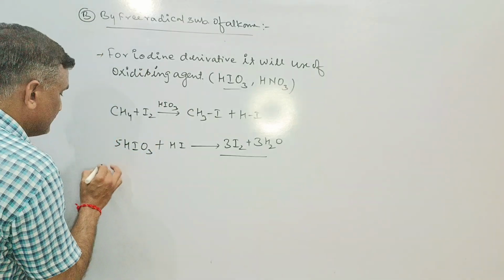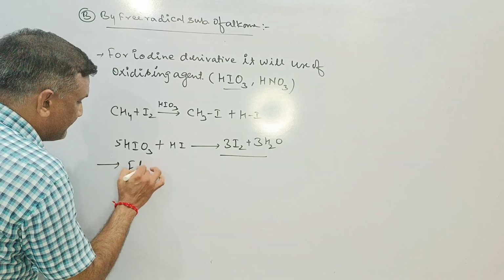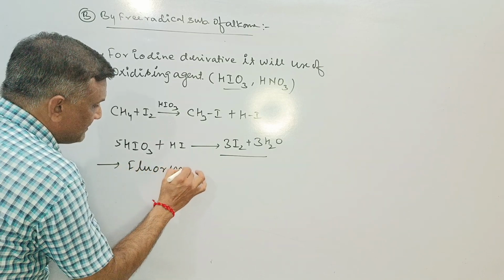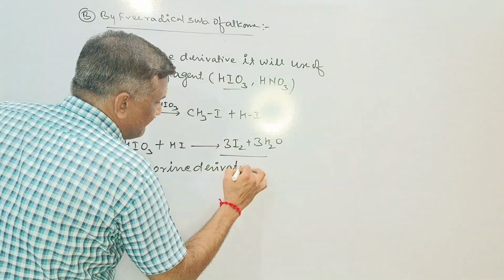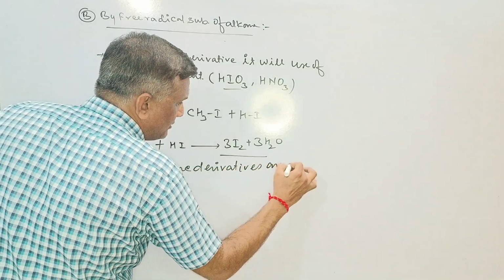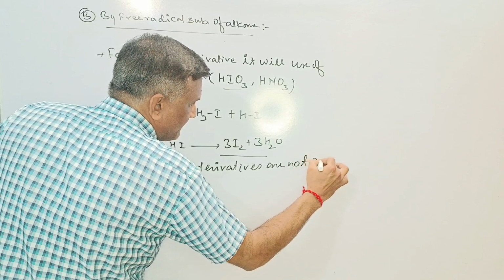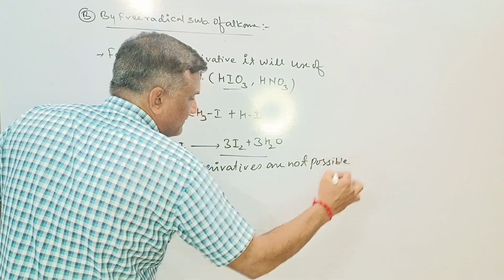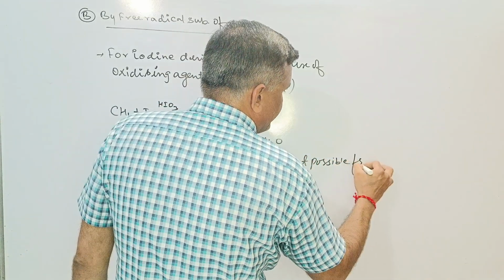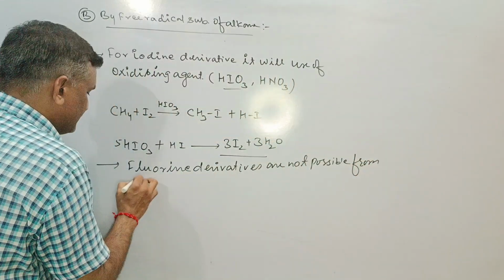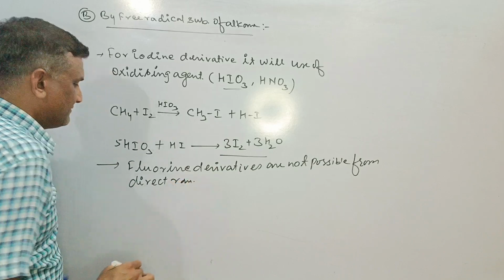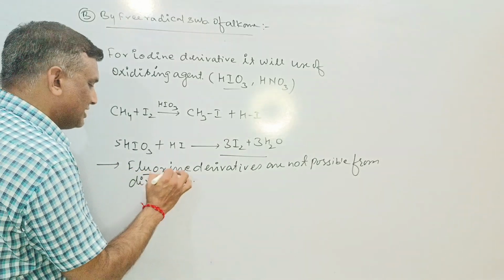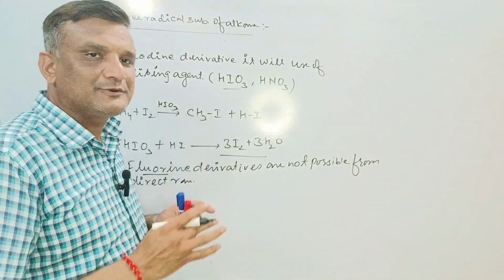If we want a fluorine derivative from this reaction, then fluorine derivatives are not possible from the direct reaction, because here fluorine is too electronegative and it causes explosion.